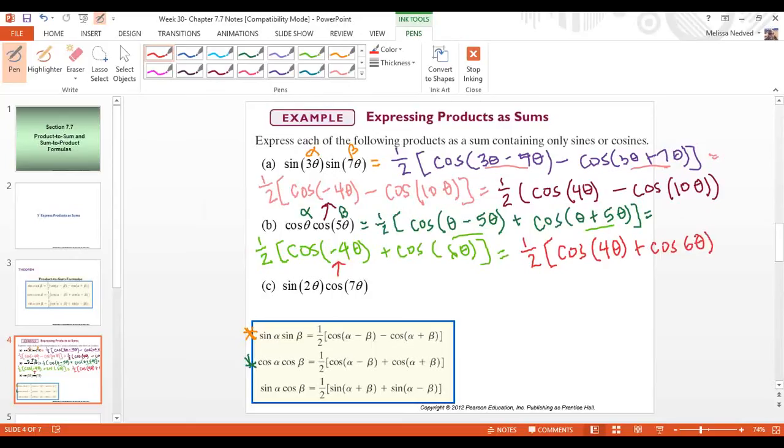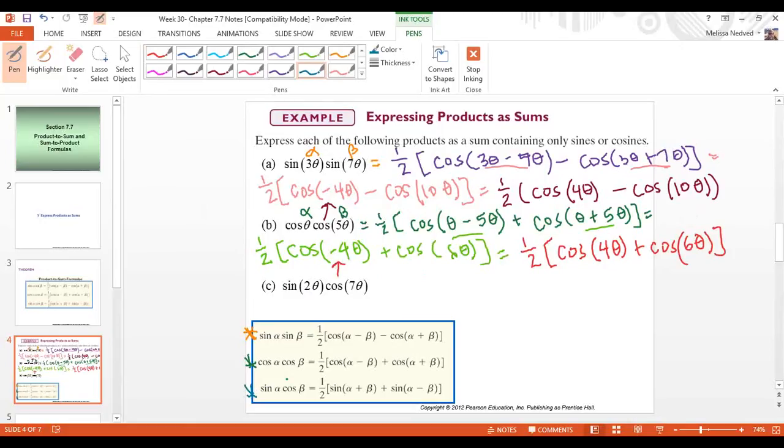So similar to my last example, but my addition in between my cosine terms is the difference than when having two sines versus two cosines. My last example here, sine of 2 theta times cosine of 7 theta. Now I have one term that's sine and the other is cosine, so I'm going to go ahead and rely on my third formula here. Again, see the similarities.